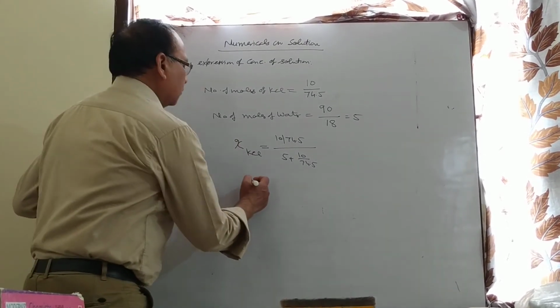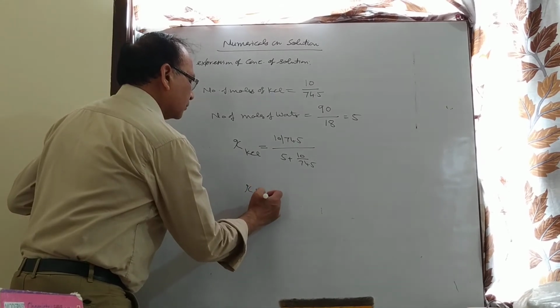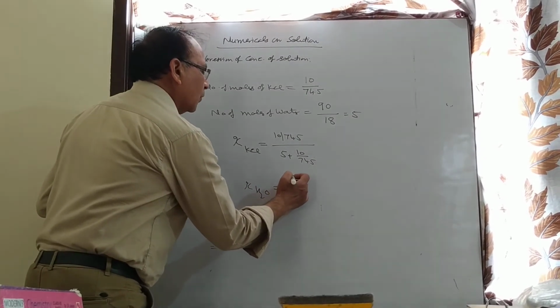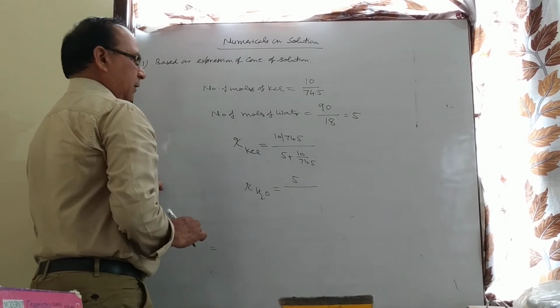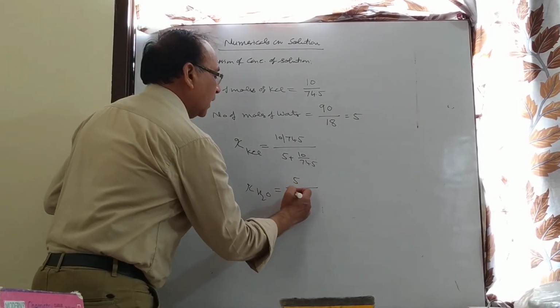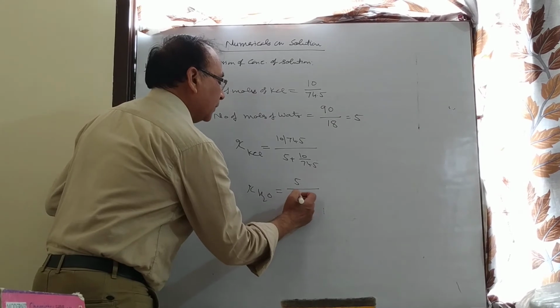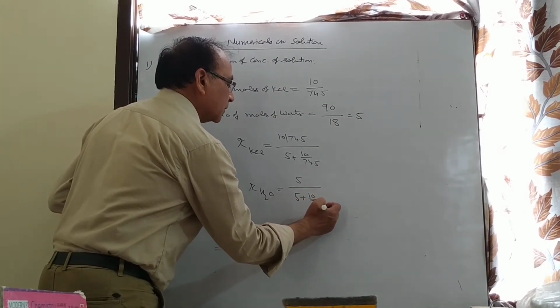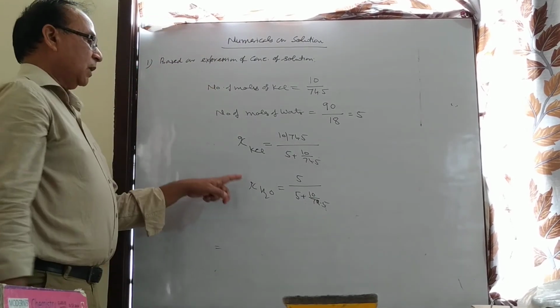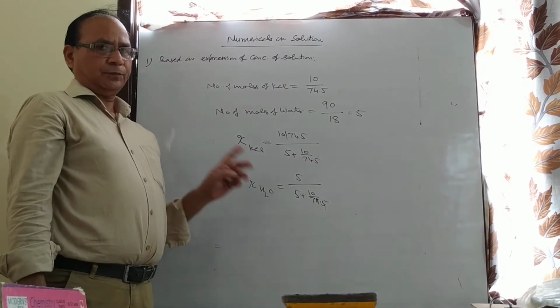If you want to calculate mole fraction of water, then the number of moles of water, that is 5, we take as numerator, and 5 plus 10/74.5 as denominator. Okay, so in this way you calculate mole fraction of H2O.